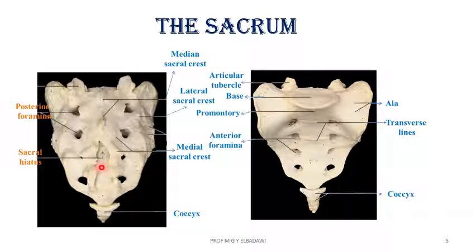Next will be the filum terminale, the extension of the pia mater, which will end at the back of the coccyx. That is the contents of the sacral canal.